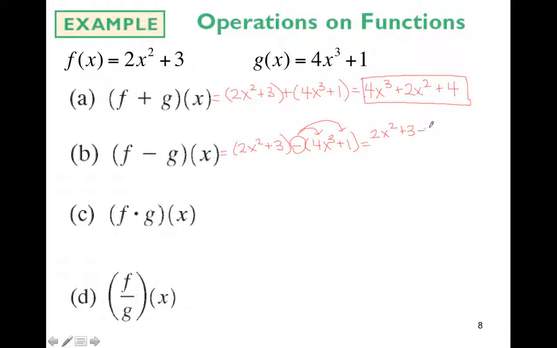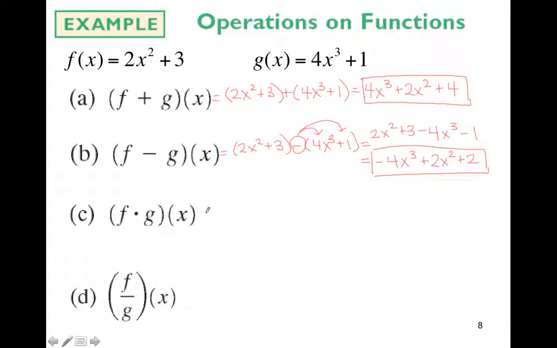Now distributing, that's minus 4x to the third minus 1. Okay, and then combining again, put them in descending order, so negative 4x to the third plus 2x squared, and then 3 minus 1, it'll give me plus 2. So this is the combined function f minus g of x.